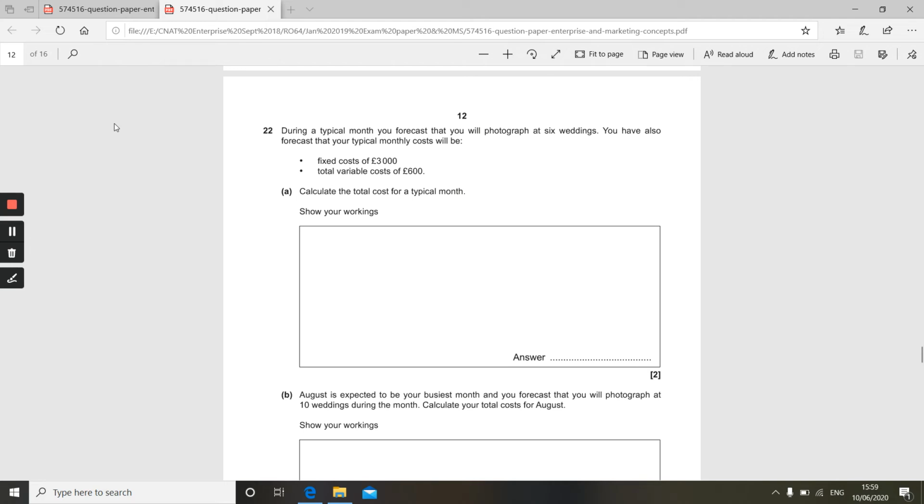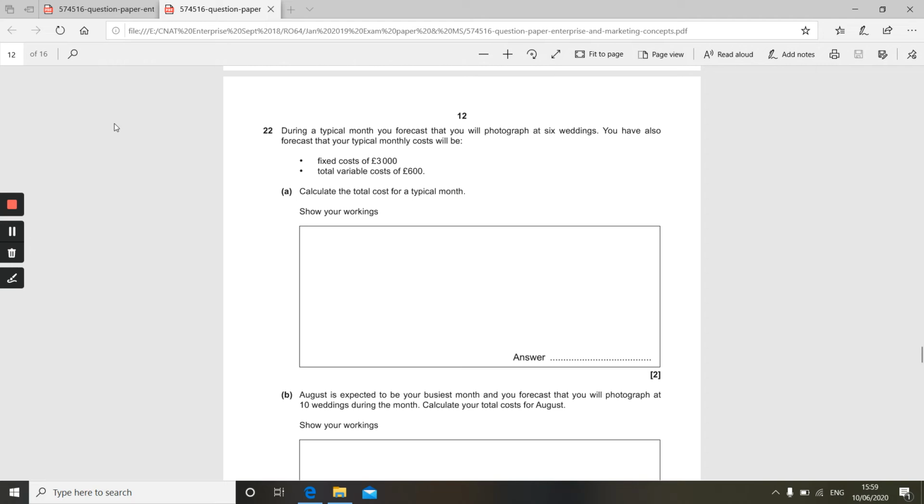Okay, so let's have a look at this then. During a typical month, you forecast that you will photograph at 6 weddings. You have also forecast that your typical monthly costs will be fixed costs of £3,000 and total variable costs of £600. Calculate the total cost for a typical month.